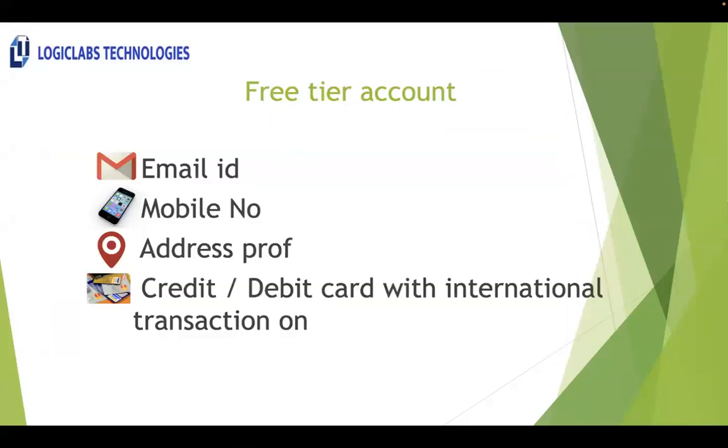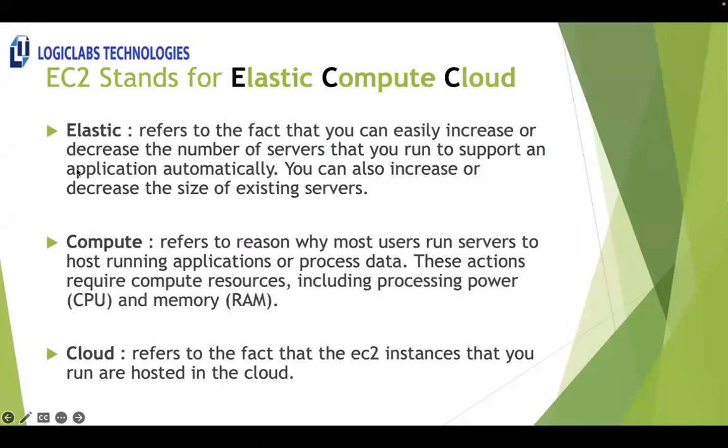So what is the meaning of EC2? EC2's full form is Elastic Compute Cloud. Why is it called elastic? It refers to the fact that you can easily increase or decrease the number of servers.